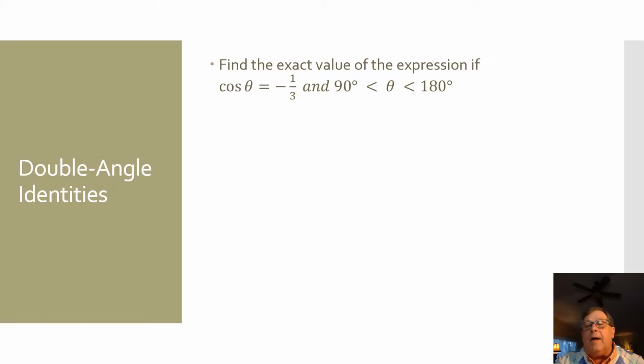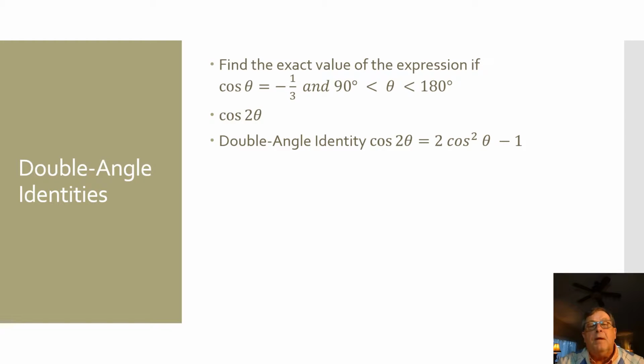Well, we do have a double angle identity. Let's take a look at that. We've got to find the cosine of 2 theta. And our double angle identity is that the cosine of 2 theta is equal to 2 times the cosine squared of theta minus 1.